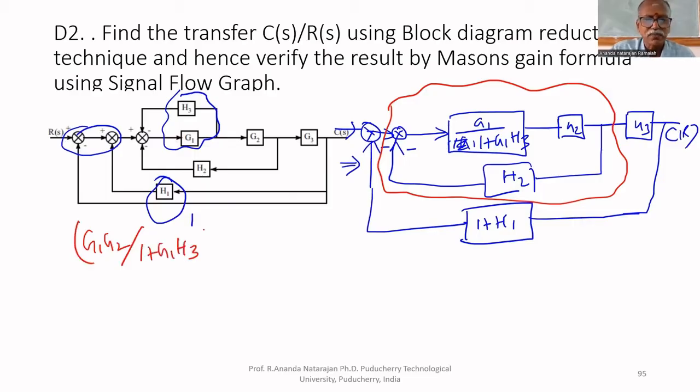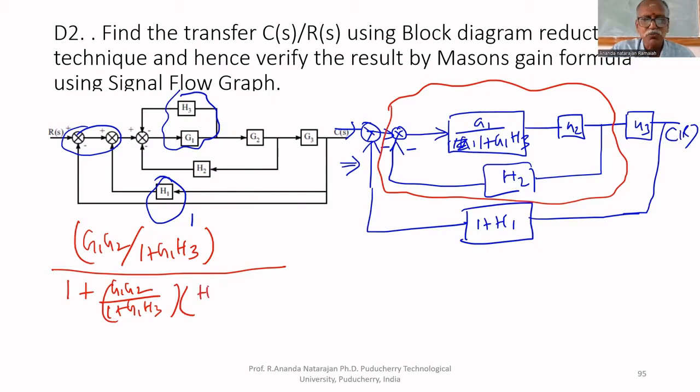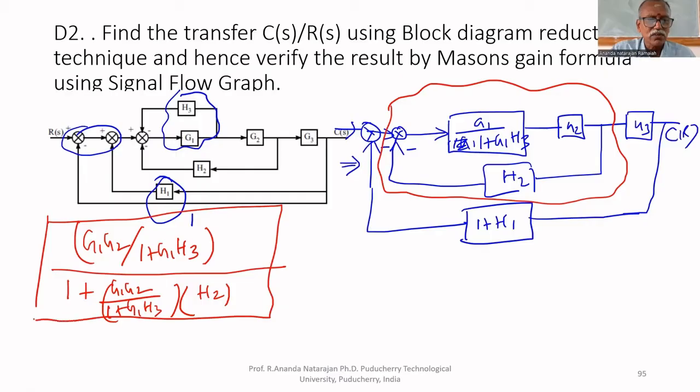This is numerator. Whole divided by 1 plus G1, G2 upon 1 plus G1, H3 multiplied by H2. That's all. This is what we got for this block, the red block, red circle.